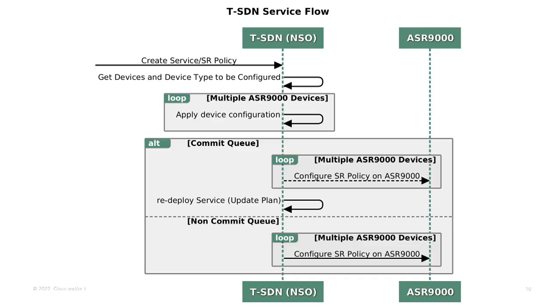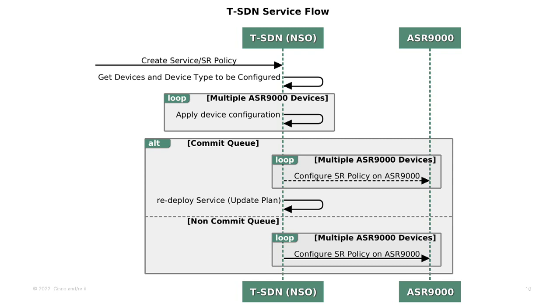Again, let's look at the service flow and how it looks. There are two main components here, T-SDN and XR 9K. In terms of the flow, you get a create request from northbound to create the service policy. T-SDN function pack then decides what type of device needs to be configured. It picks the device configuration template and starts applying the device configuration onto the NSO device tree.